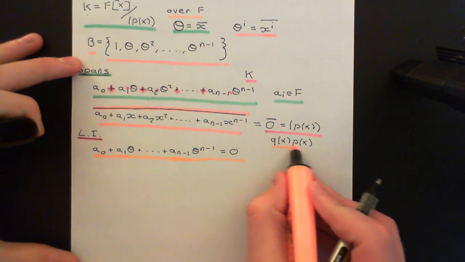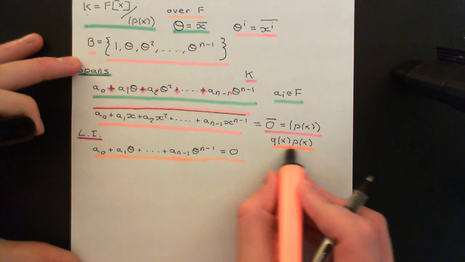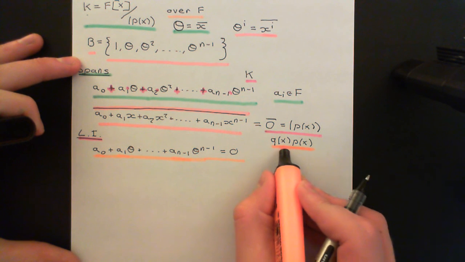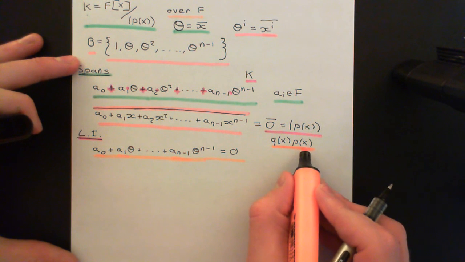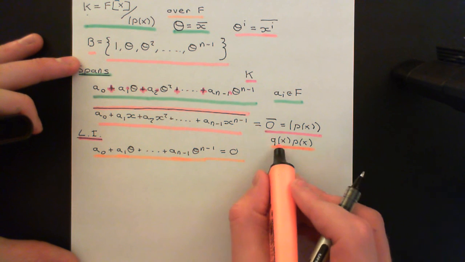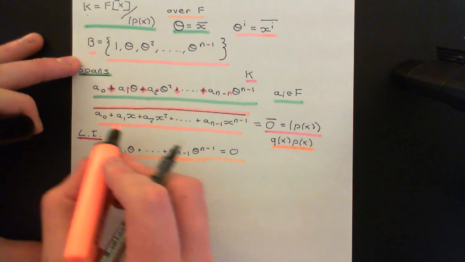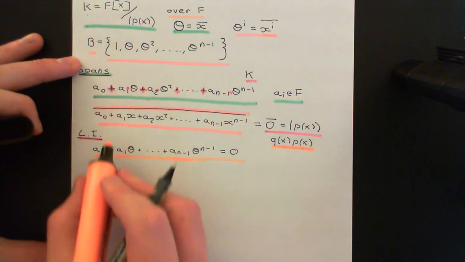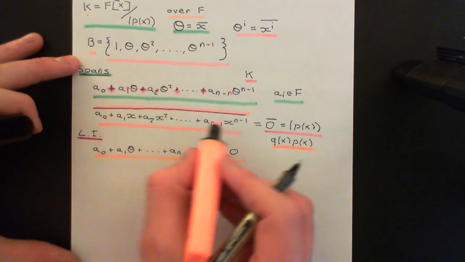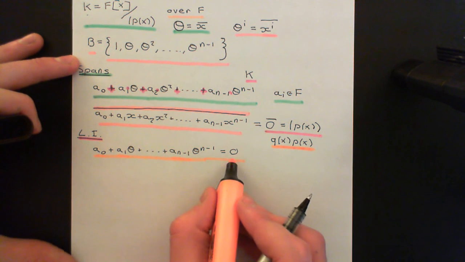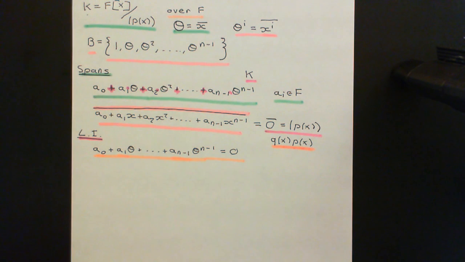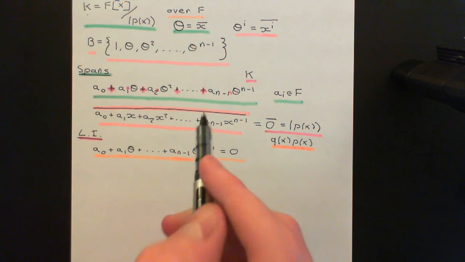Okay, now we know that all polynomials in here, all multiples of p of x, are going to have degree greater than or equal to n, apart from that silly one, which is the 0 polynomial, which we know this isn't, because we know that all of these coefficients are not equal to 0, because this was supposed to be a non-trivial linear combination. Okay, so we've arrived at utter rubbish.